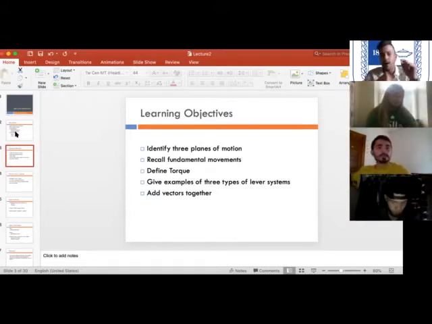Or, wow, that was an amazing three-pointer, or you might look at his shirt or something. But when we're describing movement in this class, we're going to have to use more kinesiologically relevant terms, such as your cardinal planes of motion, anterior, posterior, inferior, superior, things like that. And we're going to have to also use things like torque and moments. So there are some definitions we're going to have to get into.